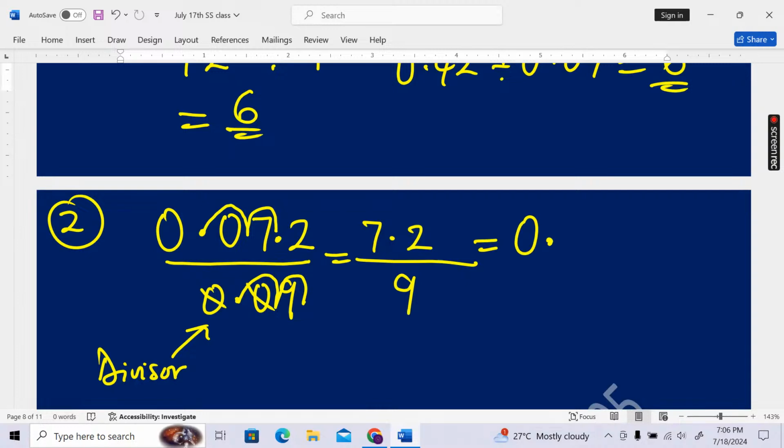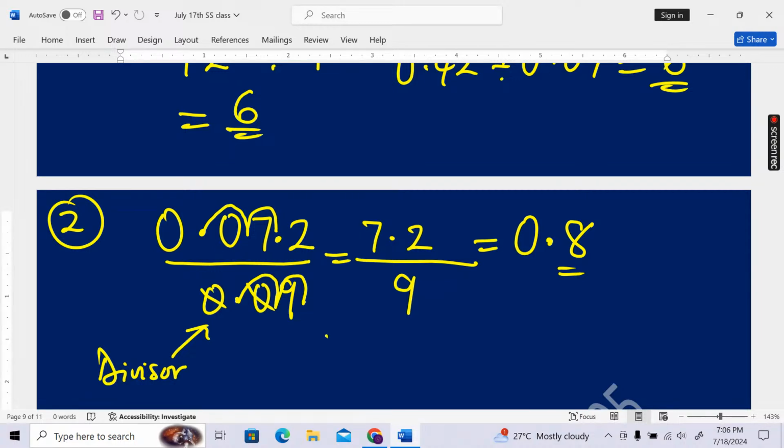Because of that 0 point, you can now place 7 beside 2. That makes it 72. So 72 divided by 9, that will give us 8. So you write it down. So 7.2 divided by 9 is 0.8.